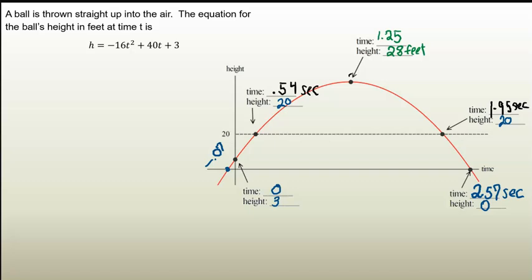Now, what has happened is the object started at 3 feet high, was thrown into the air, and it took half a second for it to reach 20 feet. Then it reached a maximum of 28 feet at 1.25 seconds, but then gravity won the fight and it started to fall back down and hit 20 feet again, or past 20 feet again, at 2 seconds.